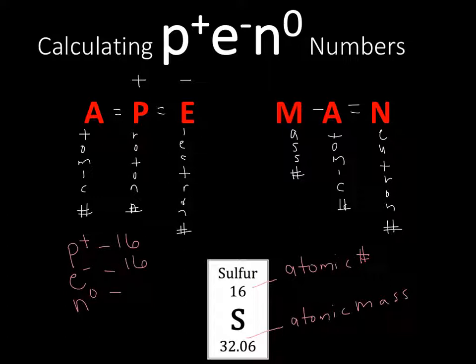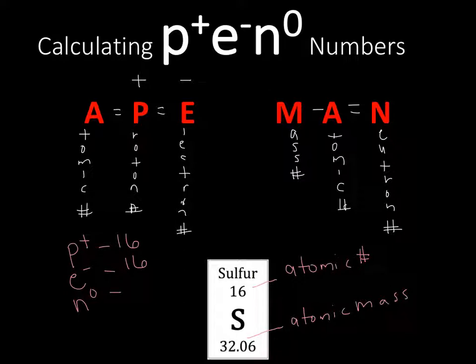And the neutrons, we're going to take the atomic mass, which for sulfur we see on here is 32.06. We're going to round it to the nearest whole number, which is 32.